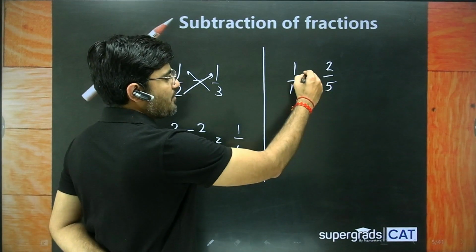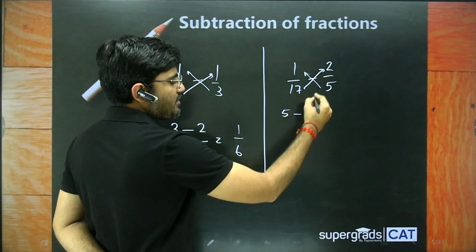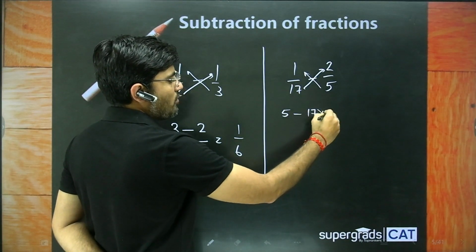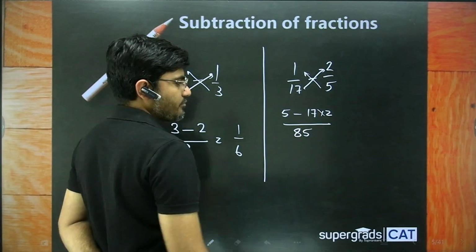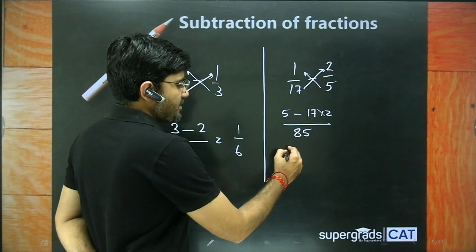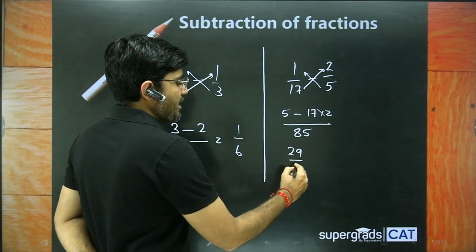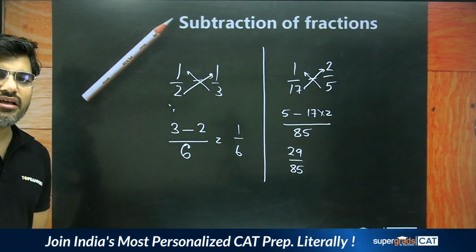इधर 5 का मल्टीप्लाई, इधर 17 का मल्टीप्लाई, तो it will become 5 minus 17 into 2 upon 5 into 17, which is nothing but 85. So it will be 5 minus 34, which is 29/85. And hence this is your answer, 29/85.